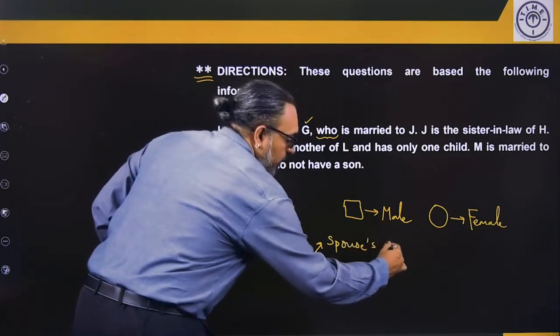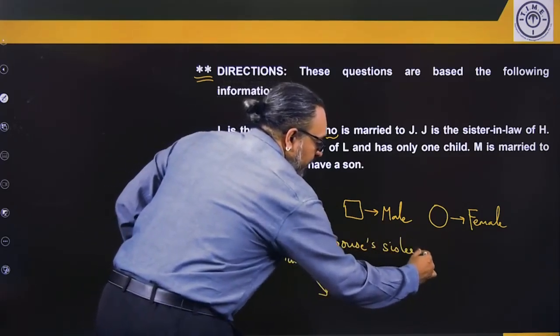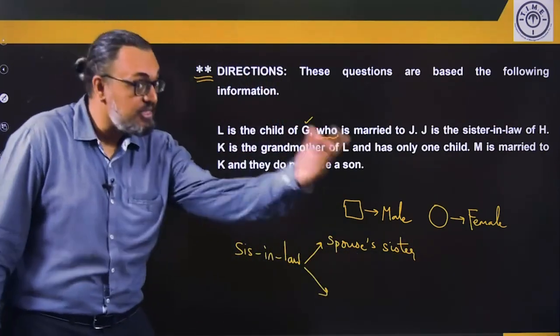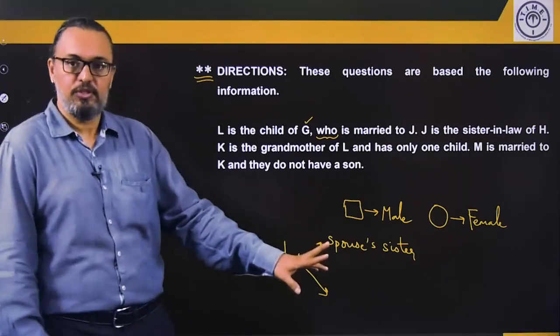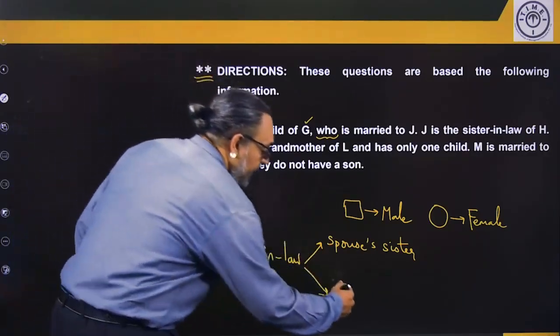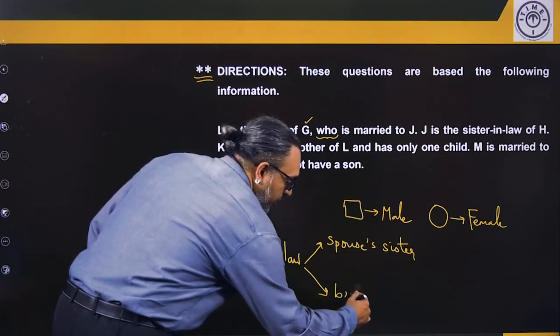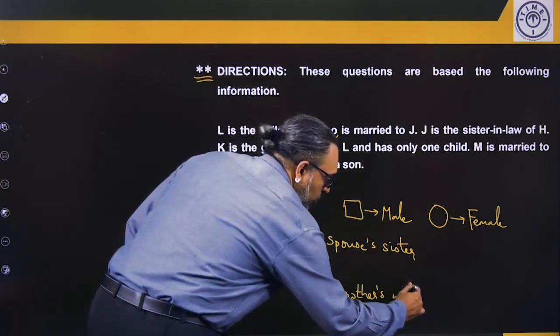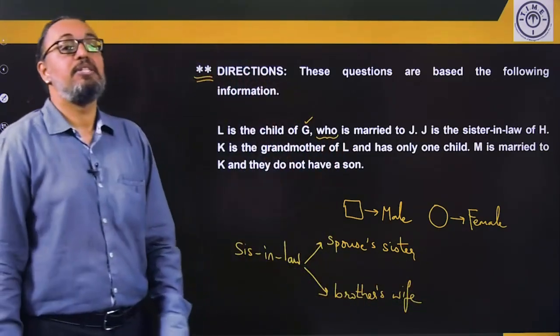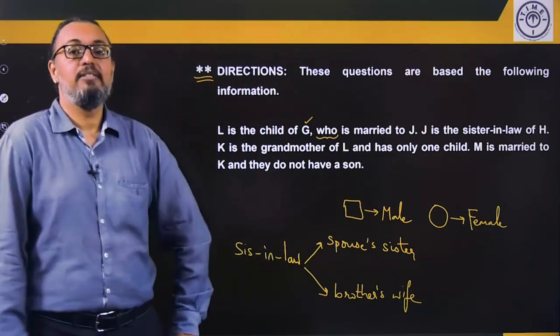Spouse is a generic word that can be used for husband or wife. Husband's sister is also sister-in-law, wife's sister is also sister-in-law. One is spouse's sister. The other is, if you have a brother, the brother's wife is also called a sister-in-law. So there are two ways of defining sister-in-law.